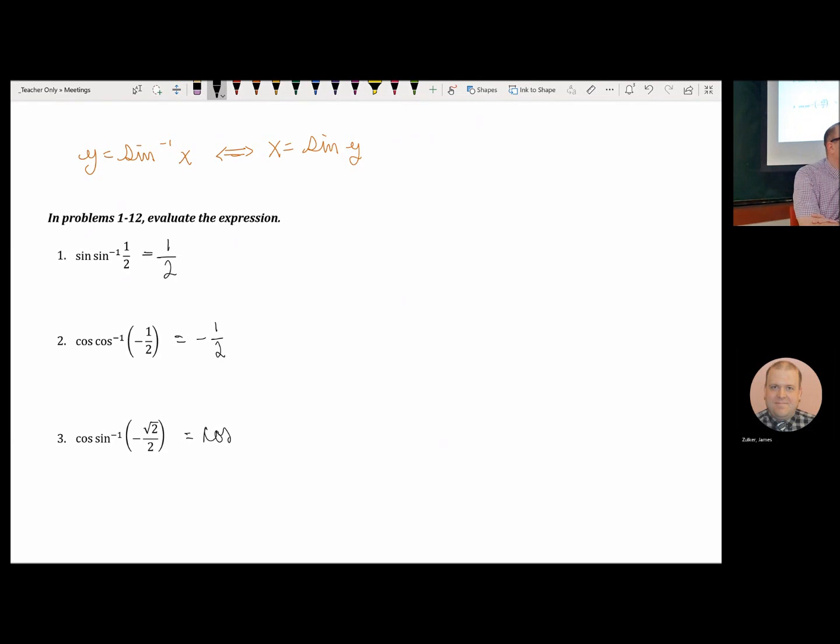Between negative pi over 2 and 0, where is sine negative root 2 over 2? Negative pi over 4.